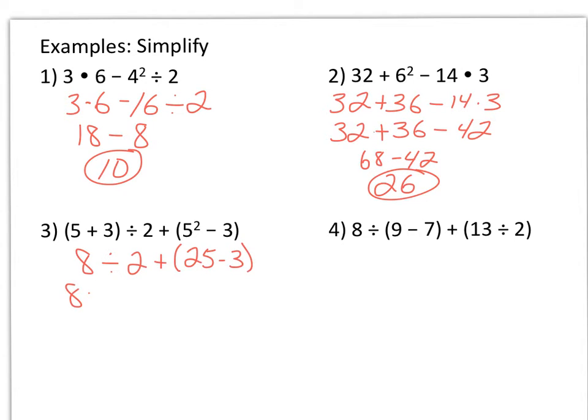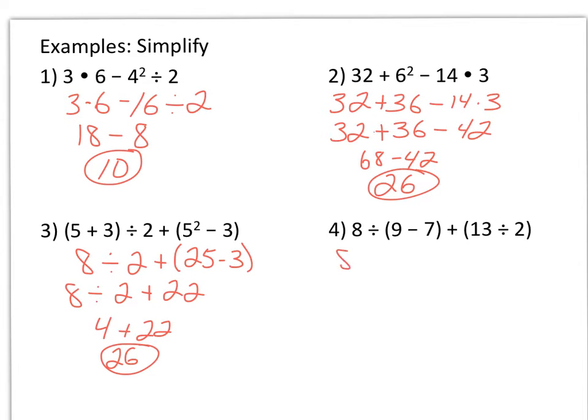And in our next step, let's go ahead and simplify in those parentheses. 25 minus 3, or 22. Okay, now division. So 8 divided by 2, 4, plus 22, and we get 26.